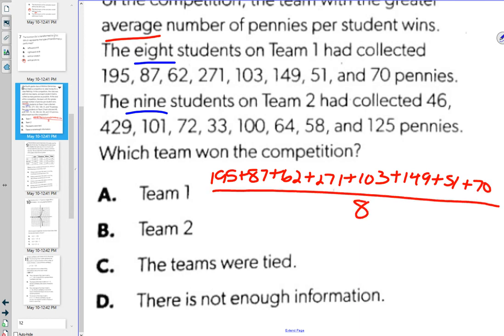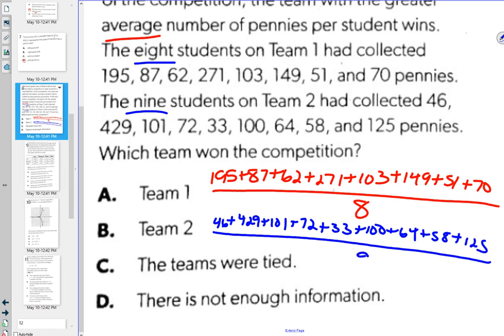On the second one, we got 46, 429, 101, 72, 33, 100, 64, 58, 125, and then we're dividing by 9.